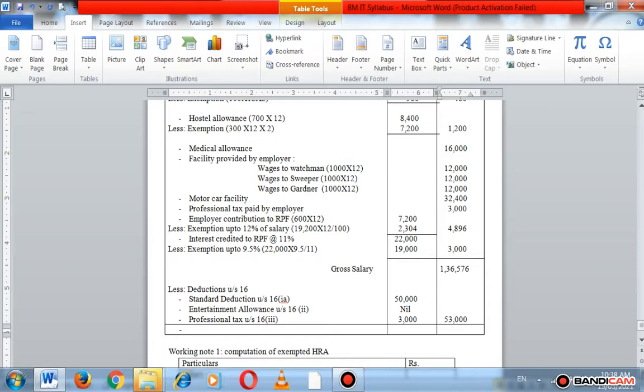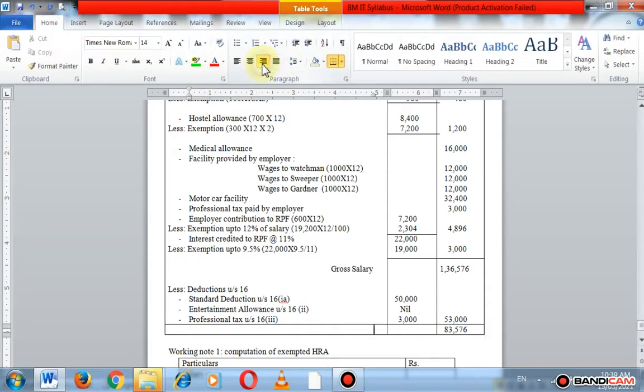Deduct the 53,000 from gross salary: 1,36,576 minus 53,000 gives 83,576, which is the taxable income from salary.